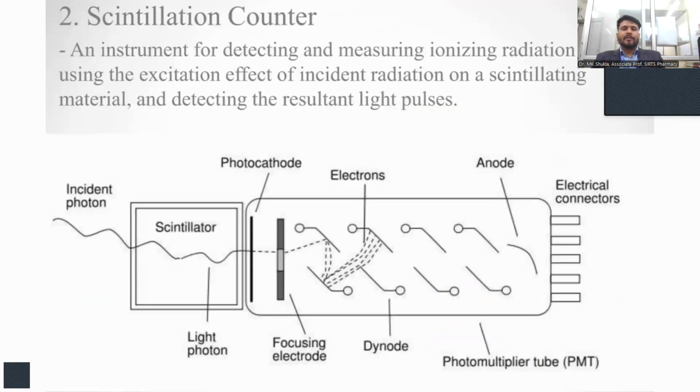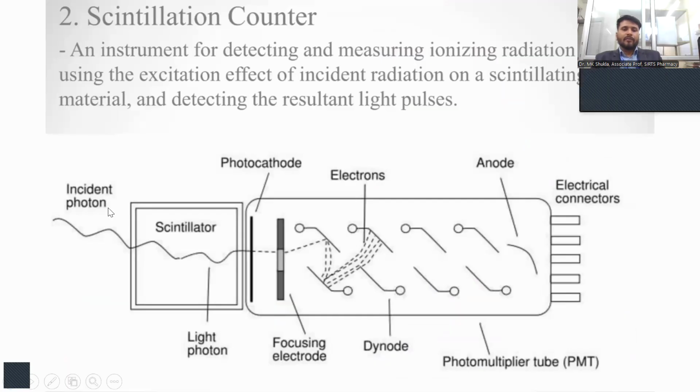Next is the scintillation counter, an instrument for detecting and measuring ionizing radiation by using the excitation effect of incident radiation on a scintillating material and detecting the resultant light pulses.